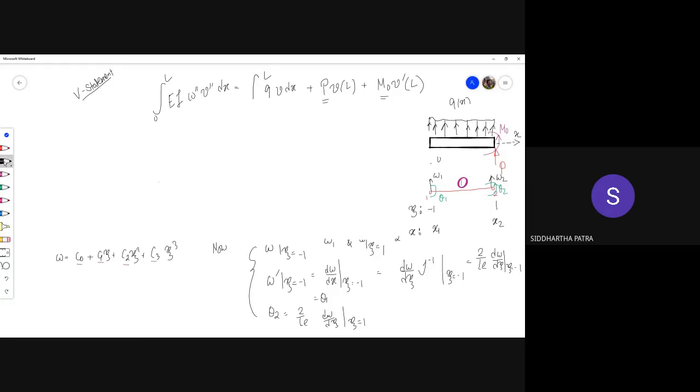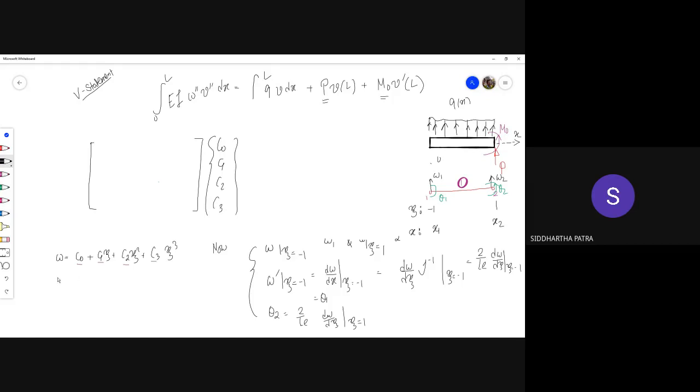I would get a set of equations with C0, C1, C2, C3.